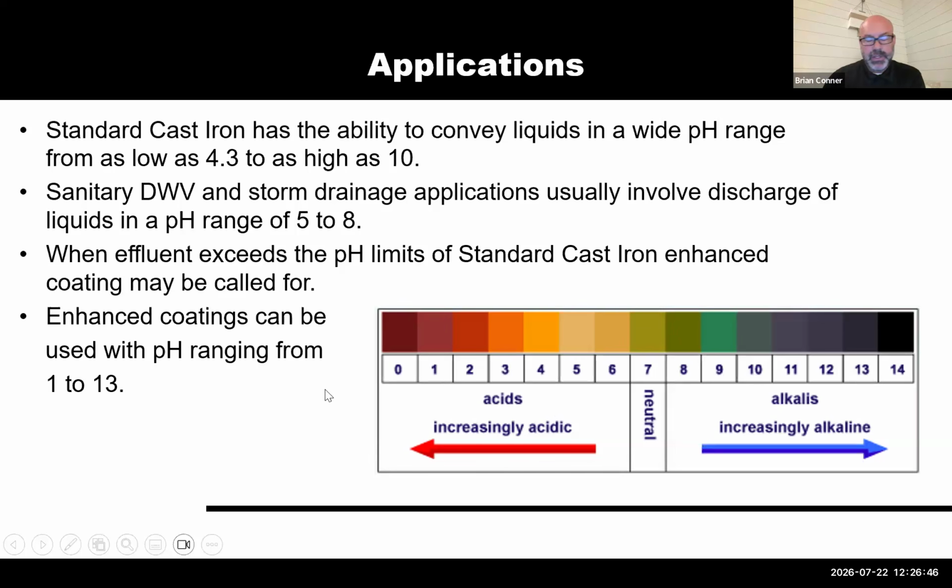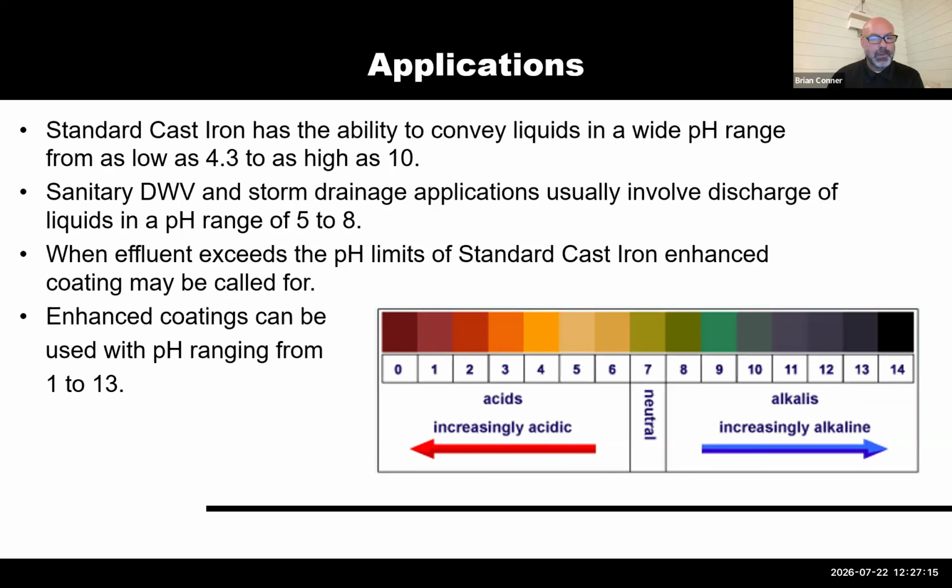Now, here's a good opportunity for me to slow down for just a second and let you know that while enhanced coated cast iron can handle lots of really aggressive acids and bases, these alkalis that range all the way up to the 13 pH range, there is no standard for these materials to be used for chemical or acid waste.